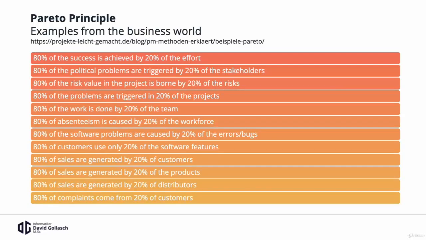Or specifically for the business world, with a focus on business things that we are dealing with here as well, you see that, for example, generally 80% of the success is achieved by 20% of the effort, meaning as well that, for example, 80% of the work is done by only 20% of the team members here, or 80% of the sales are generated by only 20% of your customers, or 20% of your products, or by 20% of your distributors, or something like this. 80% of the absenteeism is caused by 20% of the workforce.